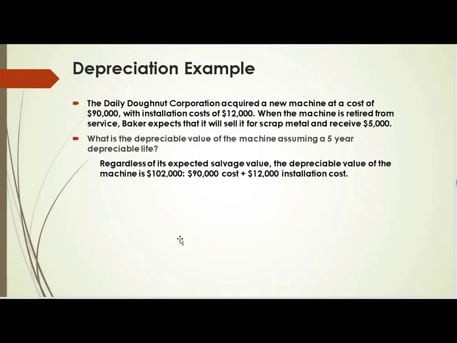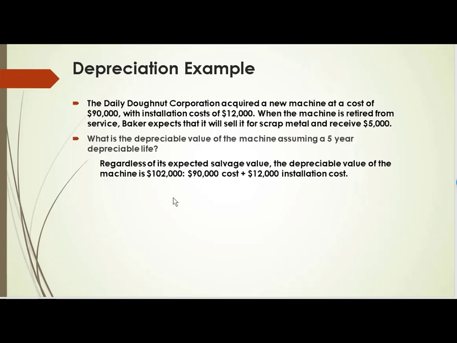So here we have a company. They acquired a new machine, cost $90,000. It's going to cost $12,000 to install. When this machine's retired from service, they're going to be able to sell it for scrap metal, and they'll be able to receive $5,000 for this when it has lived out its usefulness. So what is the depreciable value of this machine if we assume a 5-year depreciable life?